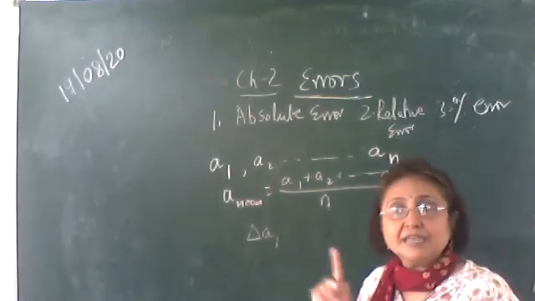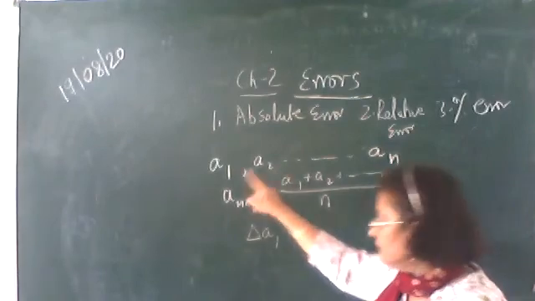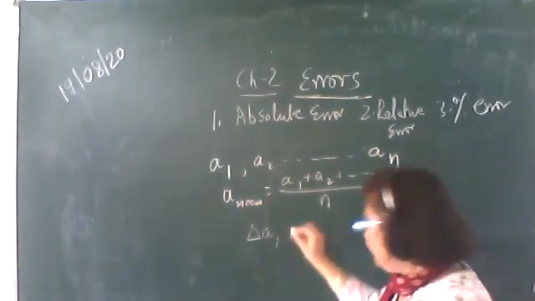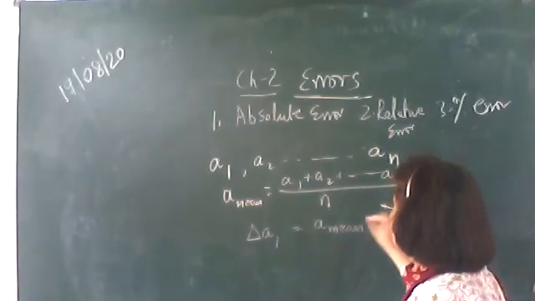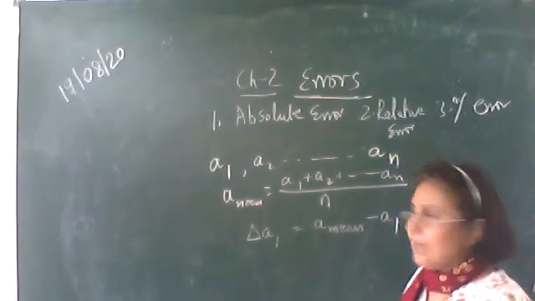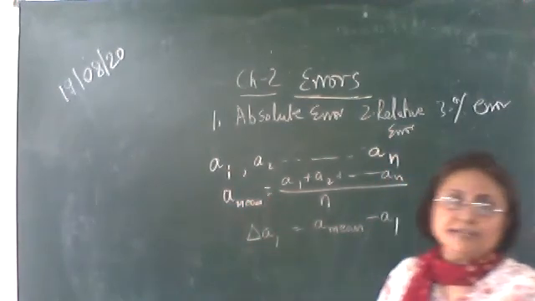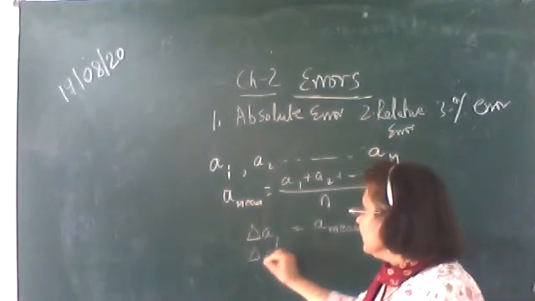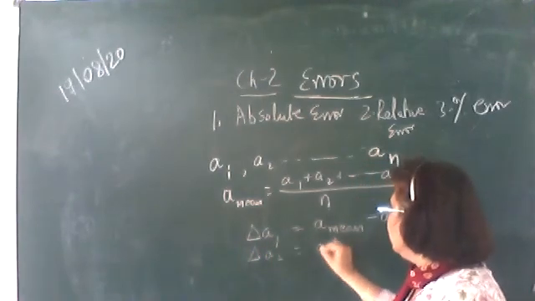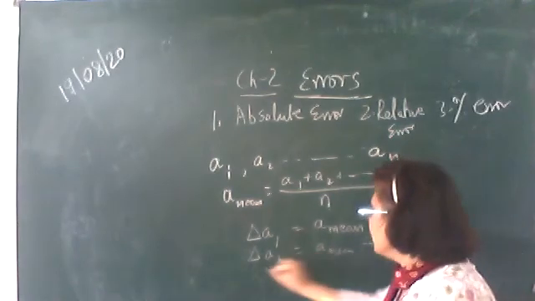Delta A1 is the absolute error in the first measurement, which is equal to A mean minus the first observed value, the true value minus the first observed value. Similarly, the absolute error in the second measurement will be A mean minus A2, and so on.